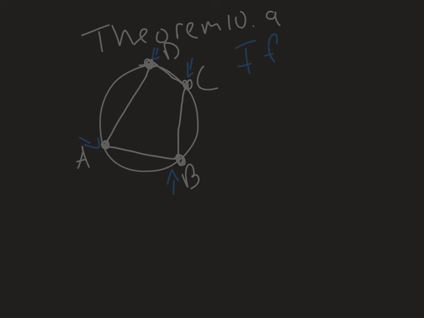So if we have quadrilateral ABCD, and it's inscribed, then what we're trying to say is that these opposite angles here sum up to 180 degrees. That's what it means to be supplementary. And then likewise with D and B.